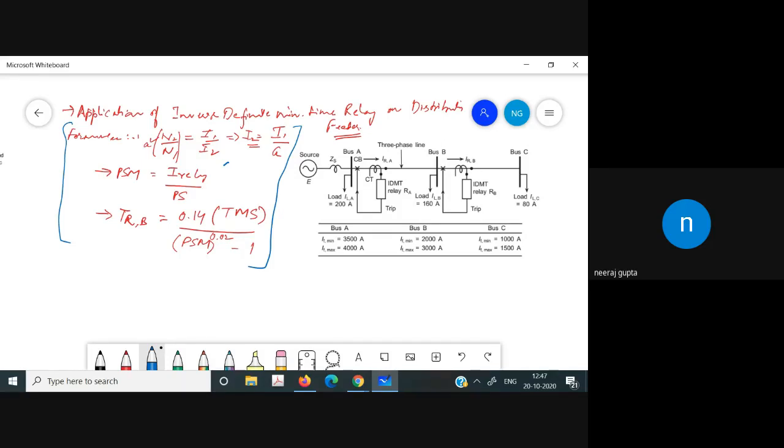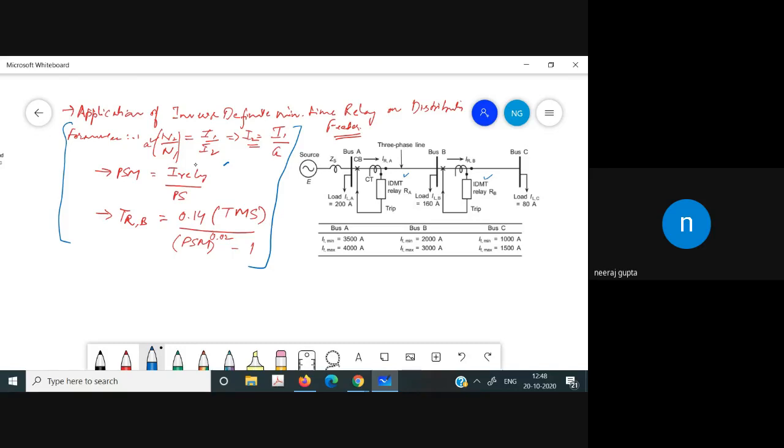In this case, it is a radial feeder with the two buses A and B, where we have installed the IDMT relays, that is relay A and relay B.